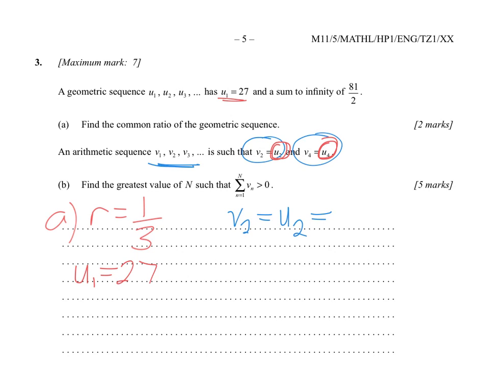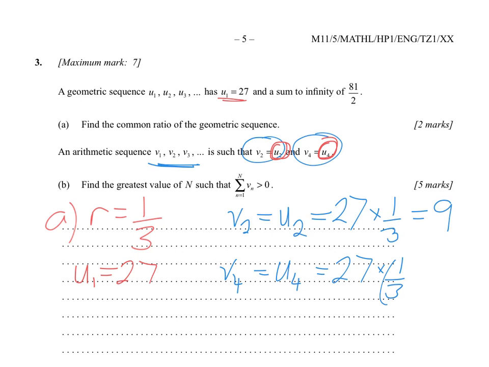u2 is equal to 27 times 1 over 3, which is 9. And v4 is the same as u4. It's the same as 27 times 1 over 3 cubed, which is 27 divided by 27, which is 1.